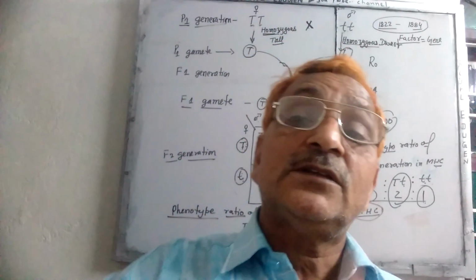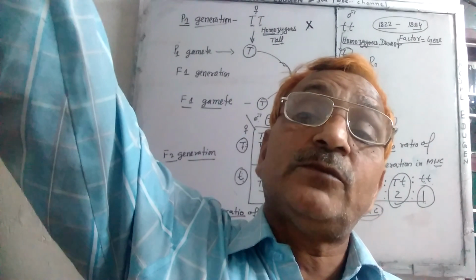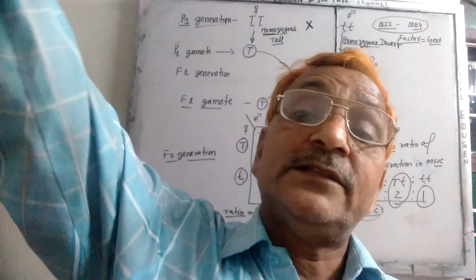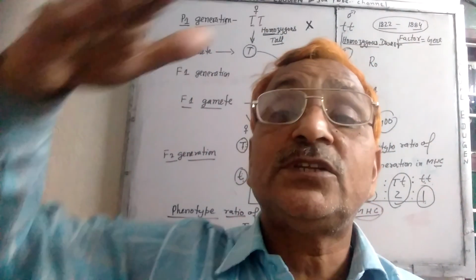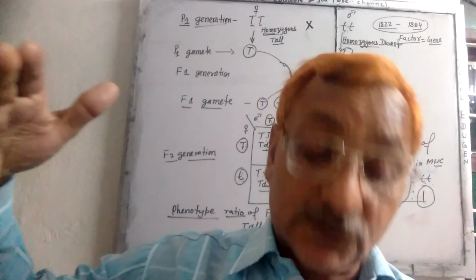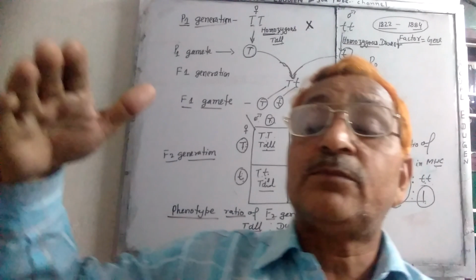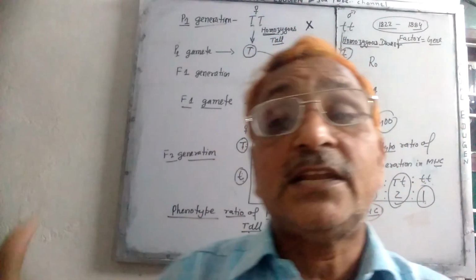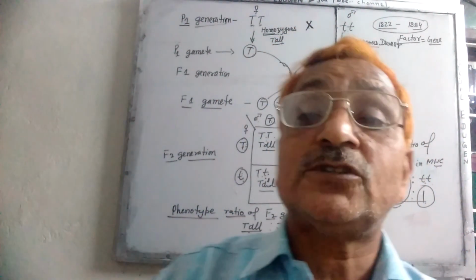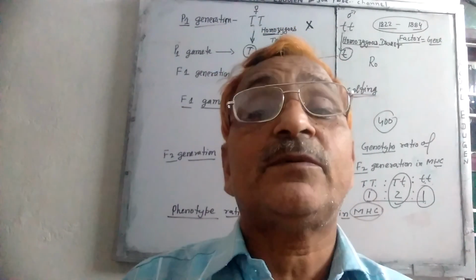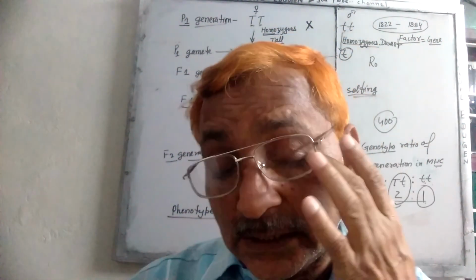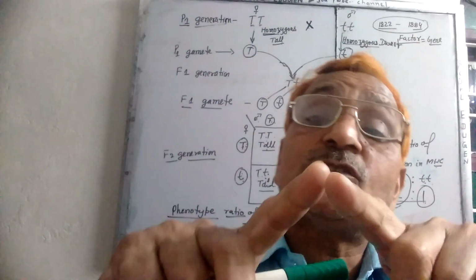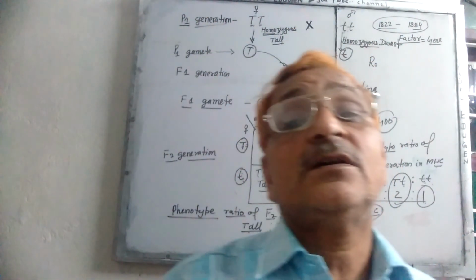From the right ventricle, the blood goes to the lungs through the pulmonary arteries, and from the lungs it is oxygenated, then returns via the pulmonary veins into the left atrium, and then from the left atrium to the left ventricle, and from the left ventricle it goes to different parts of the body. So in this way you can also show the circulation of blood.